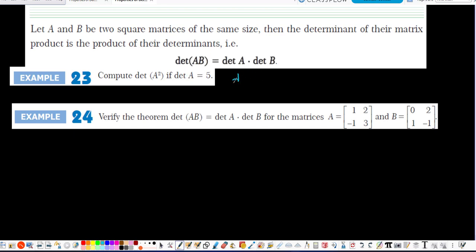If we apply the formula, determinant of A squared, I can write also like this, determinant of A squared is equal to determinant of A times A, which is equal to determinant of A times determinant of A, and that's equal to 5 times 5, which should be equal to 25.